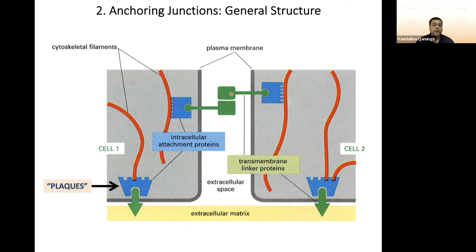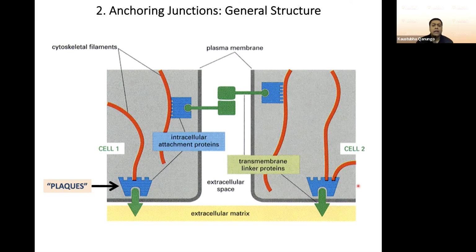The next part is what is called the intracellular attachment protein. Here, in the blue part, there is an attachment protein attached to the transmembrane linker protein. And then this intracellular attachment protein, on the other hand, is attached to a cytoskeletal filament. This right here, the red, is a cytoskeletal filament, which could be either actin or an intermediate filament, depending upon the junction. So that's basically the generalized structure of the anchoring junctions.